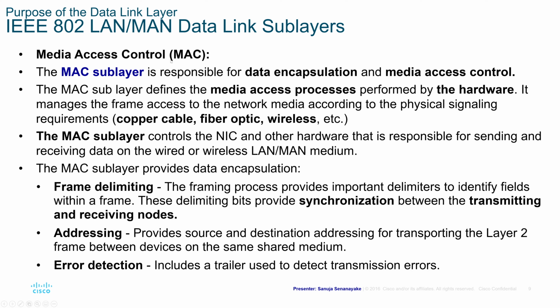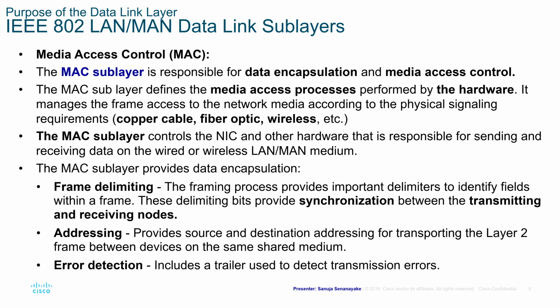The Media Access Control, or MAC, which is the one most of you are familiar with: the MAC sublayer is responsible for data encapsulation and media access control. The MAC sublayer defines the media access processes performed by the hardware.